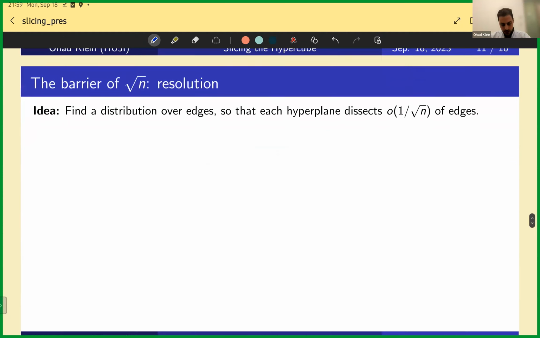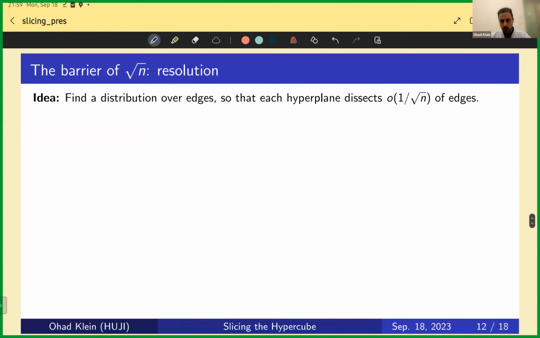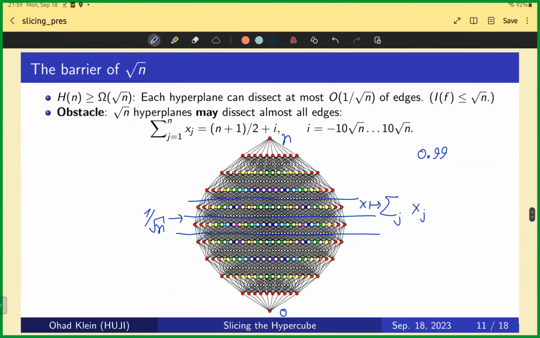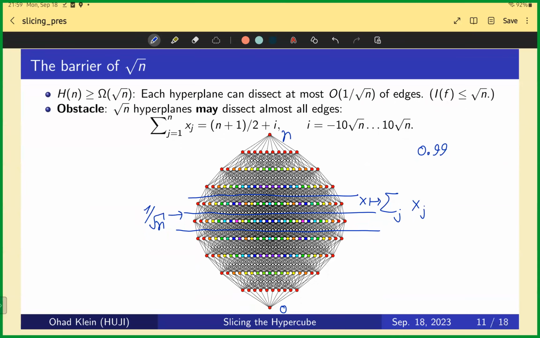And the basic ideas that we use in order to... Sorry, can I ask you for one question? Yes, sure. If you tolerate a big enough constant and you tolerate the result starting from a high enough dimension, can you make this 0.99 closer and closer to 1? Can you replace it by something closer and closer to 1?